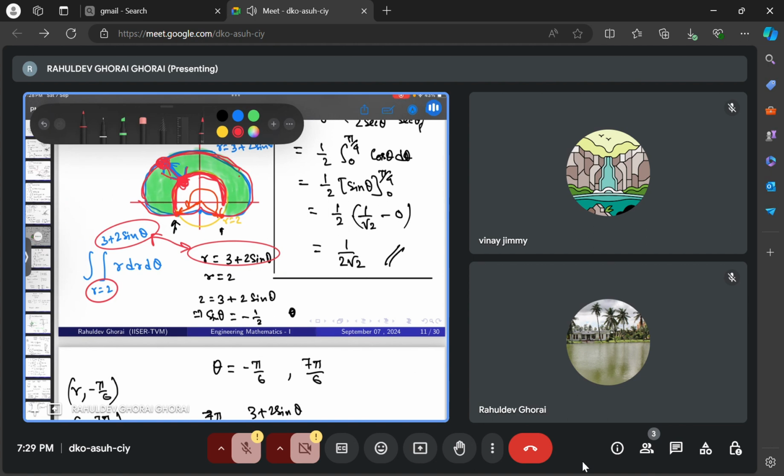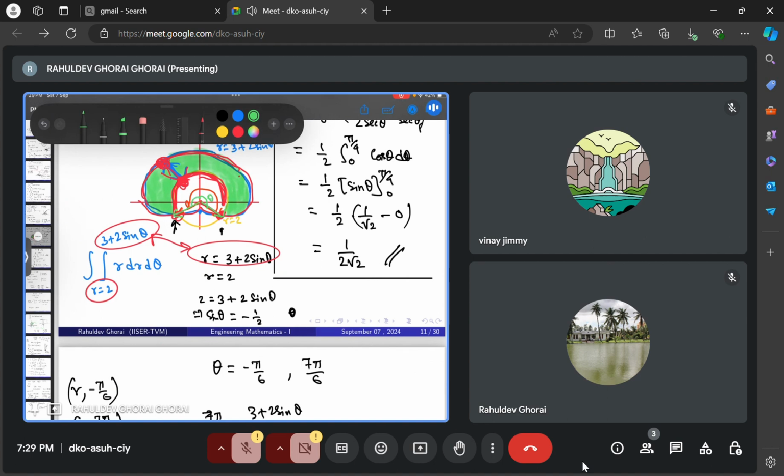After that, we have to take the theta value. Theta can vary from this point to this point, from this theta angle to this theta angle.